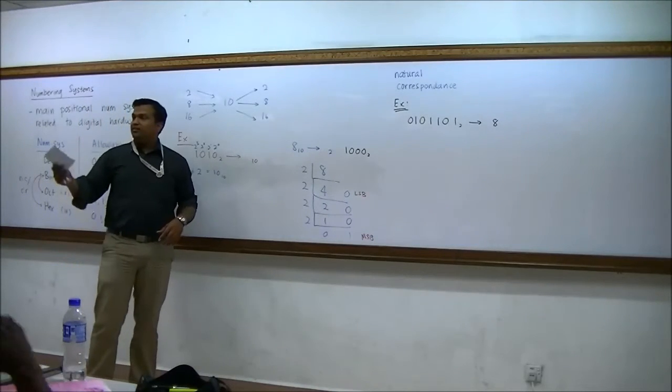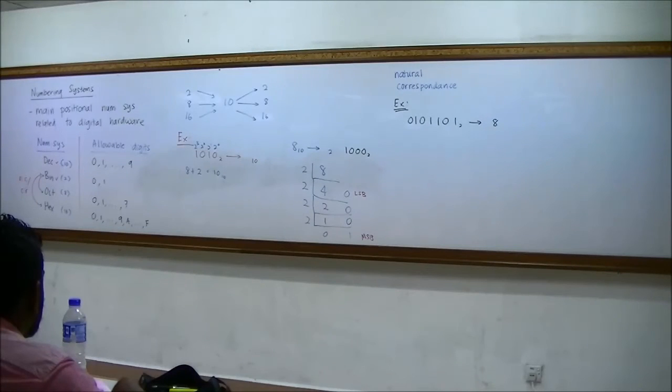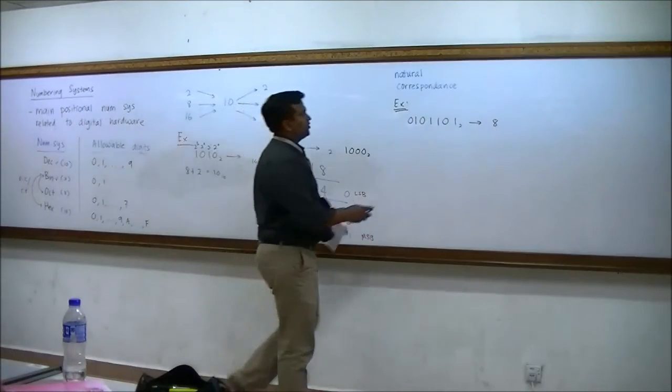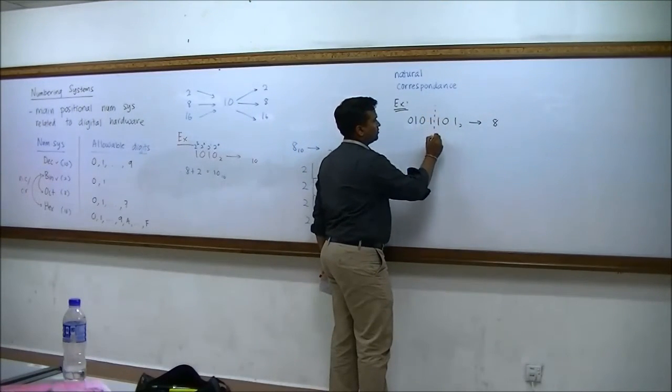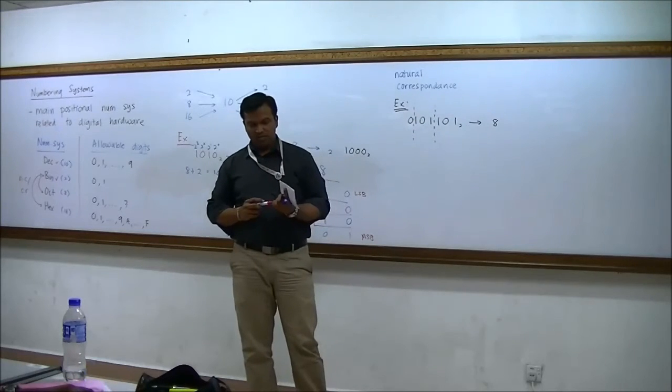So what we do is, yes, you actually divide it into groups of 3. We divide into groups of 3, right? Why groups of 3?